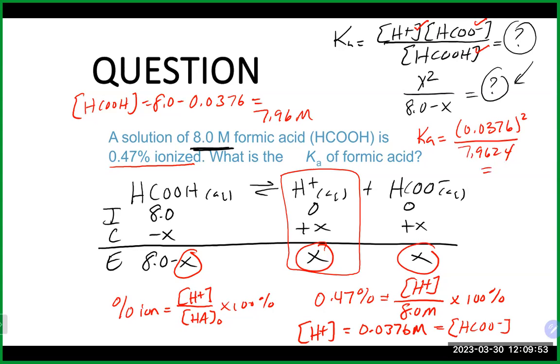That's going to give us a Ka value of 1.8 times 10 to the minus 4, in this case.